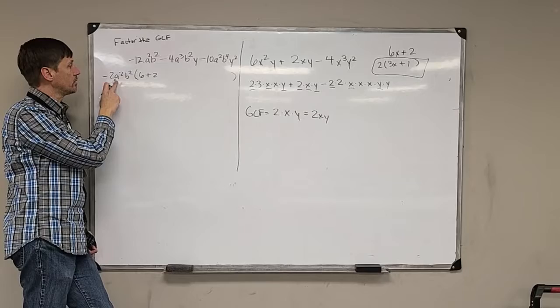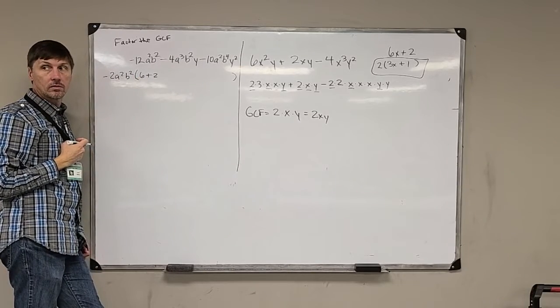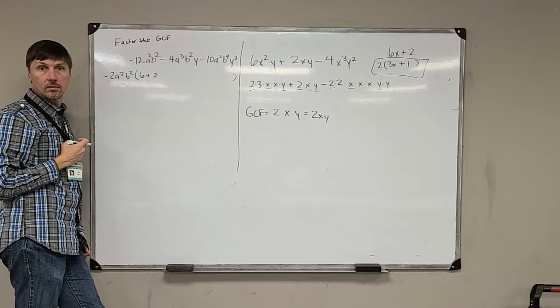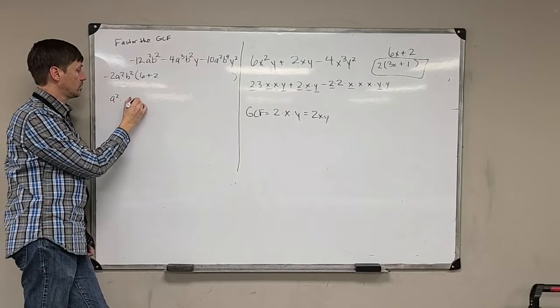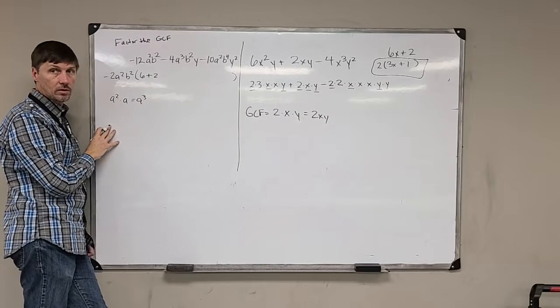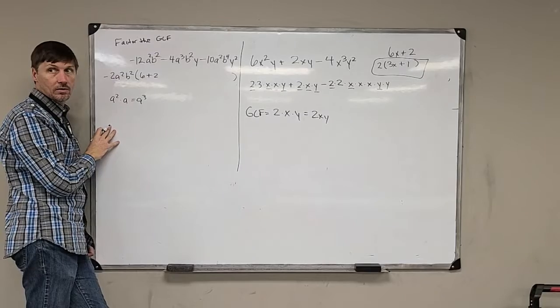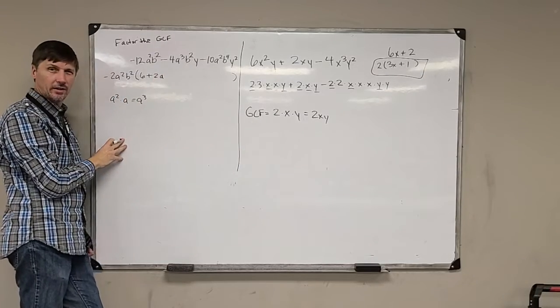What about a squared? A squared times what gives me a cubed? A squared times a what equals a cubed? Just a, a to the first power, right? We would just write that as a. Does everybody see that?